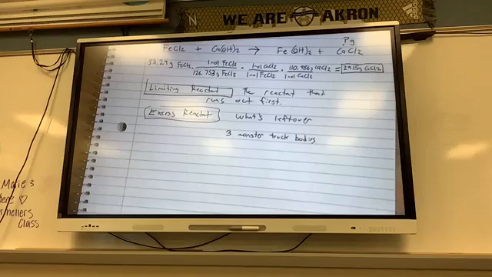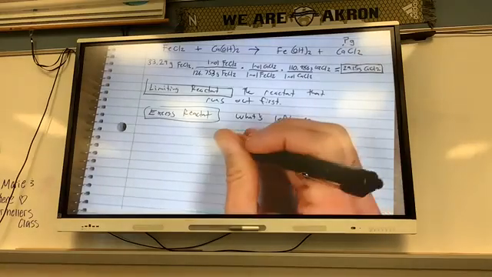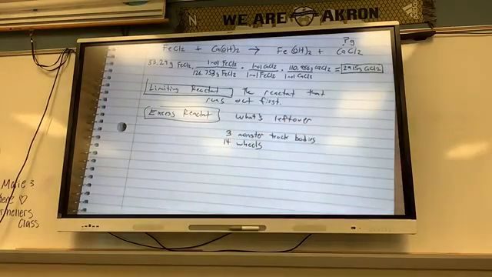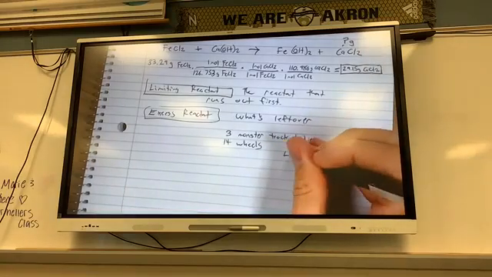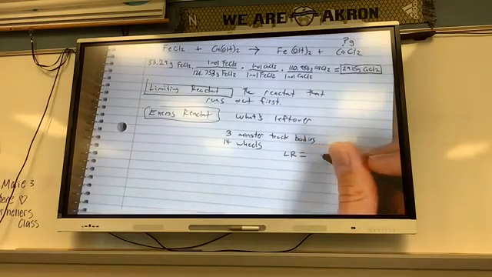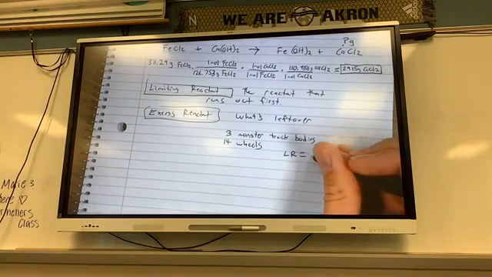If I have 3 monster truck bodies and I have 14 wheels, and I ask you, what is the limiting reactant? What would you say? The monster truck, the bodies, right? The trucks. The frames. Yeah, that's good. The limiting reactant is my frames.